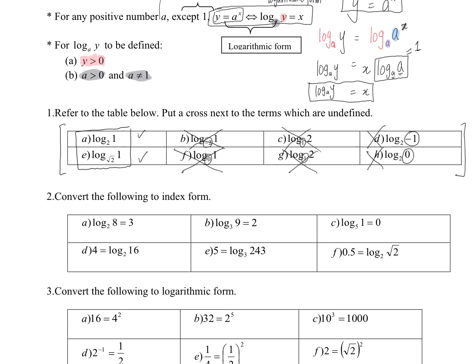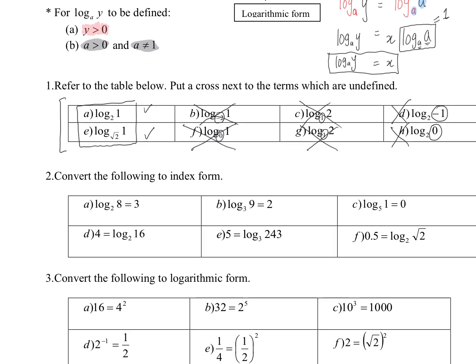Now, if they want you to convert to index form, there is a quick way which I call the push-up method. What happens is this: keep this number and then push this upward, so that you get 8 equals 2 cubed.